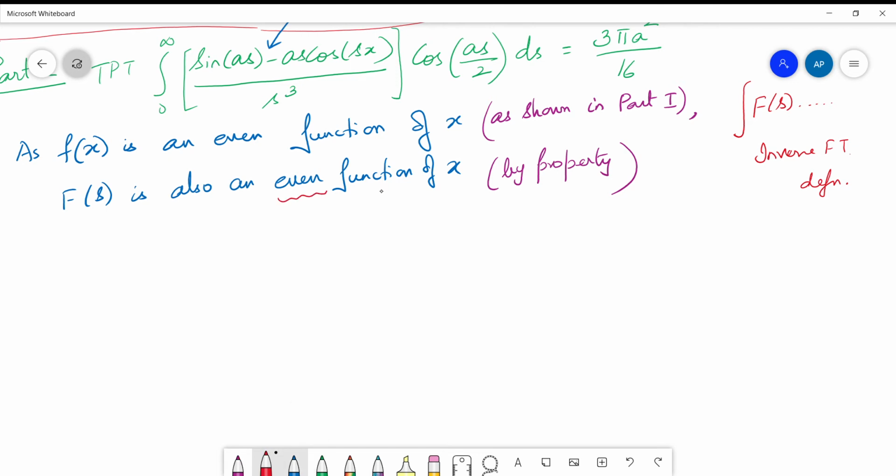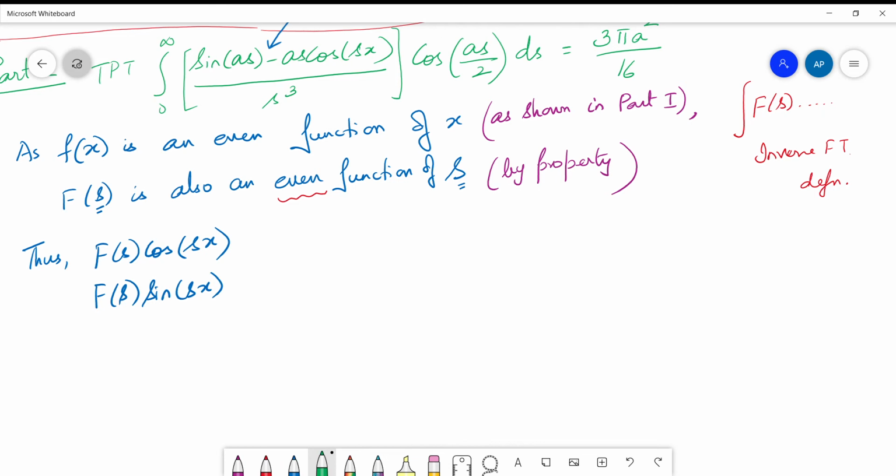And therefore, what will be the nature of f of s into cos sx? Is it an even function of s or x? I think we made a mistake here. It is not x, it is now s, because f of s is what we have. It's an even function of s. So what will be the nature of f of s cos sx and f of s sin sx?